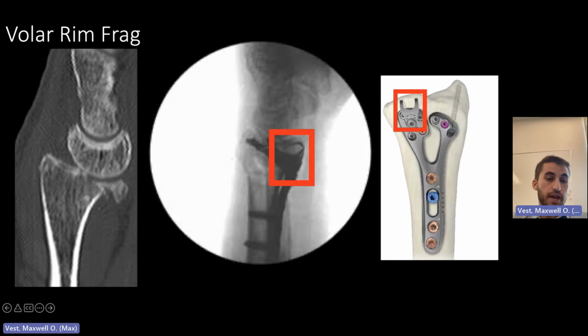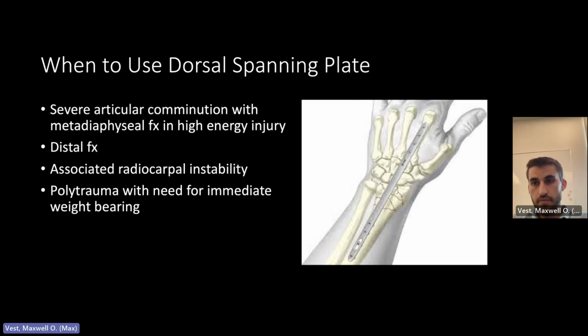And you can also appreciate in this CT scan, if you put a volar plate right here and you fix the subchondral bone, this piece can be so small it can still escape over the volar rim of the distal radius plate, and you can have a problem even though you thought you might have had a good fixation.